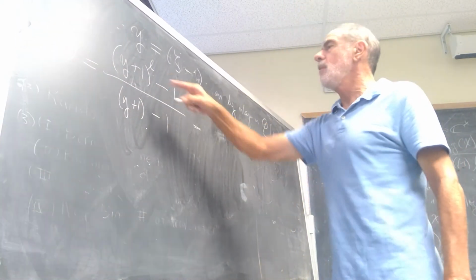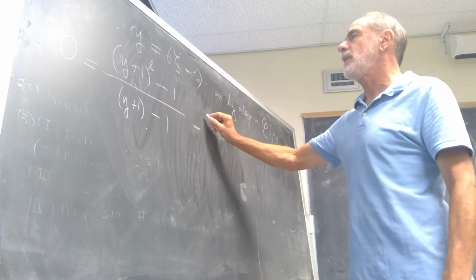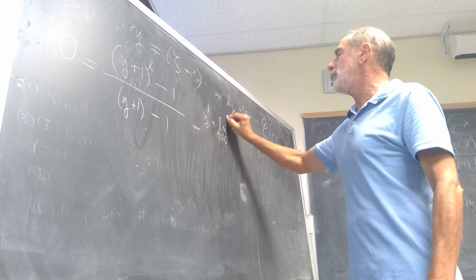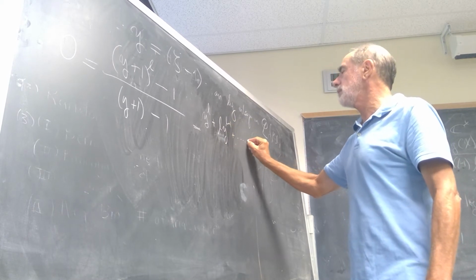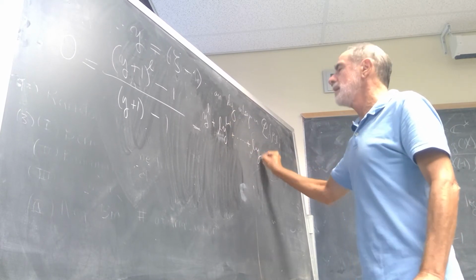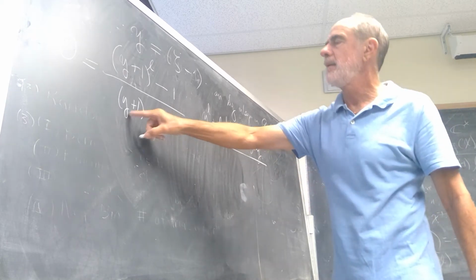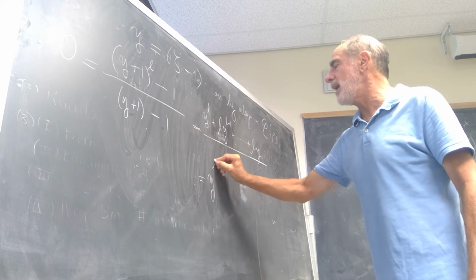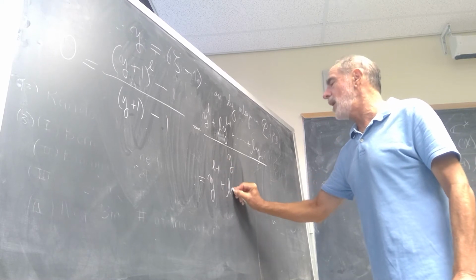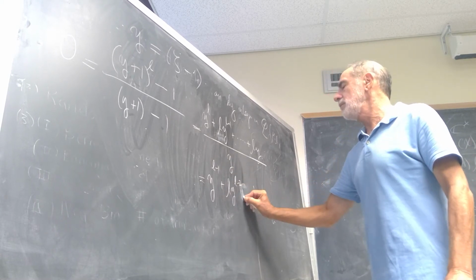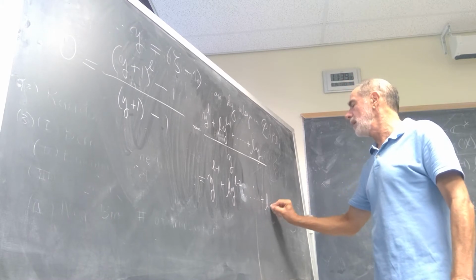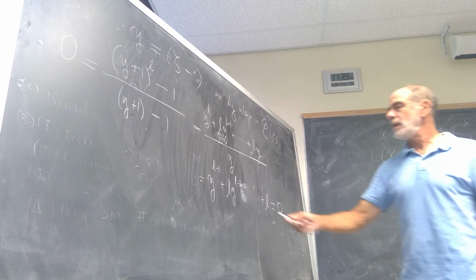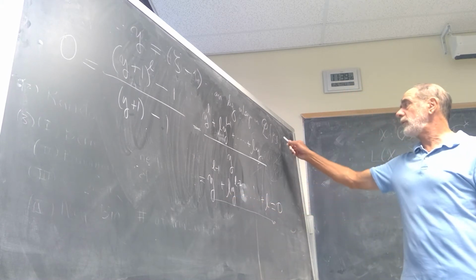Well, what do we get? (y plus 1) to the L minus 1 is y to the L plus L y to the L minus 1 plus ... plus Ly. And we divide it by y. So you get the equation y to the L minus 1 plus L y to the L minus 2 plus ... plus L is equal to 0. So that's the irreducible equation it has to satisfy here.